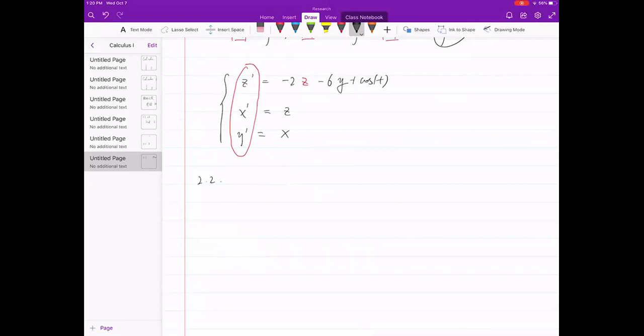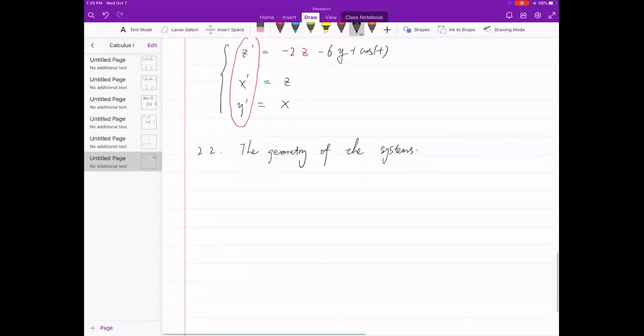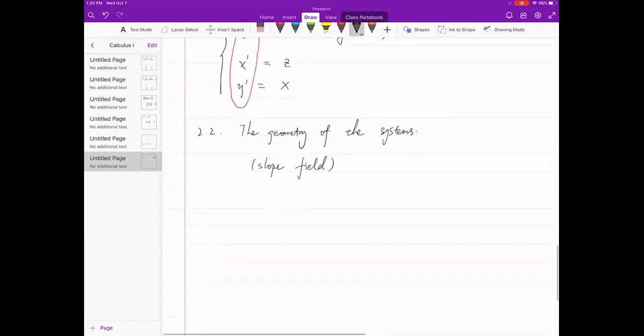The geometry of the systems. This is basically the equivalent section for slope field. Now let's talk about it with the example, the predator and the prey.